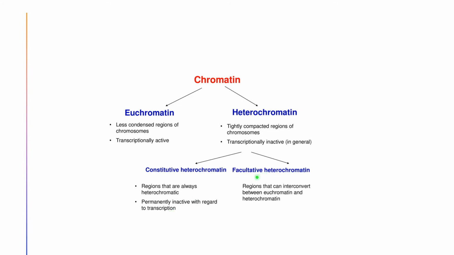But facultative heterochromatin lies between euchromatin and heterochromatin. Sometimes it is euchromatin, sometimes heterochromatin. That is, these regions can interconvert between euchromatin and heterochromatin. That is the facultative heterochromatin region of the chromosomes. Fine.